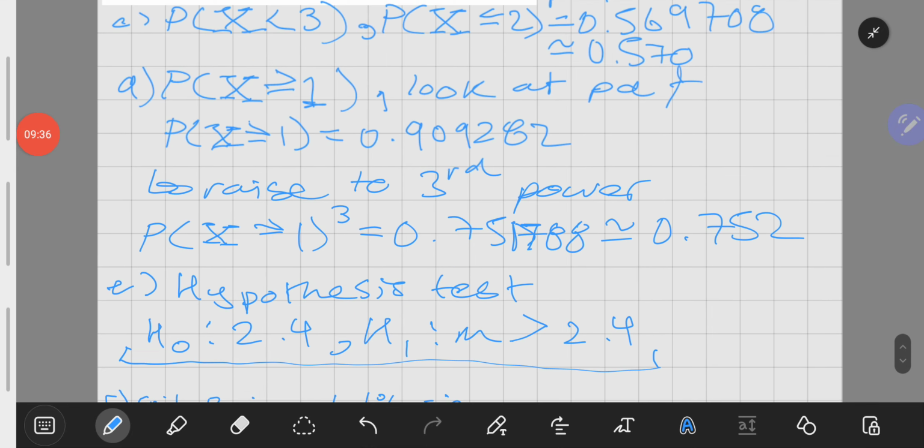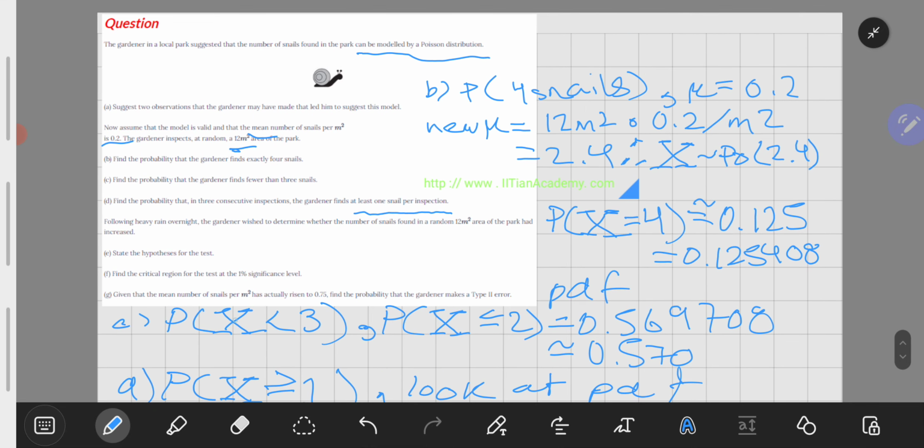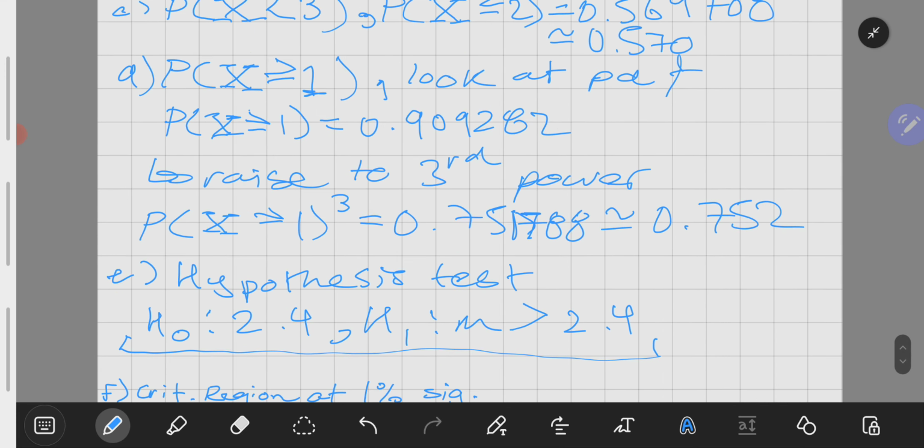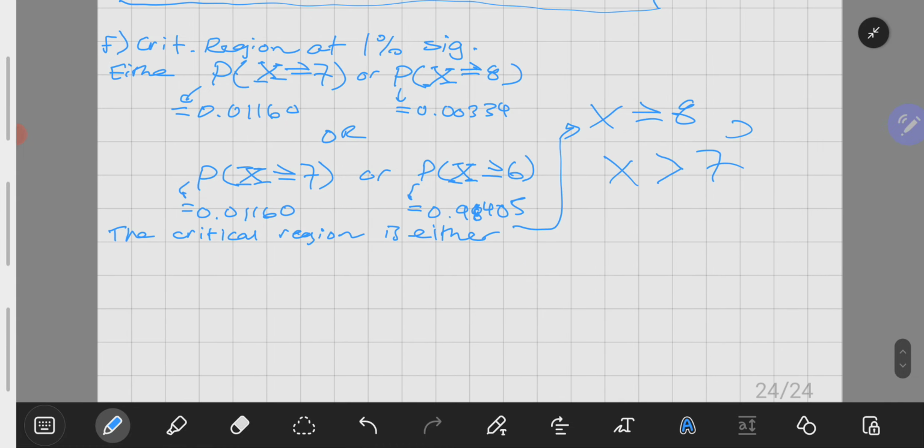And for our last question, we're asked to find, given that the number of snails has risen to 0.75 per meter squared, the probability that the gardener will make a type 2 error. So, 0.75 per meter squared, P of type 2 error.